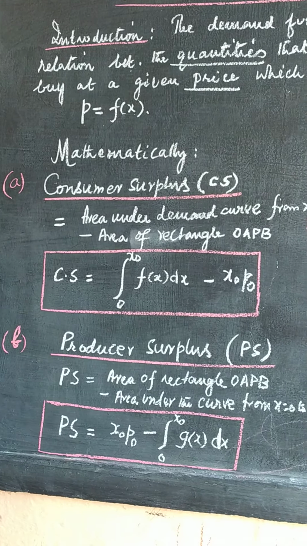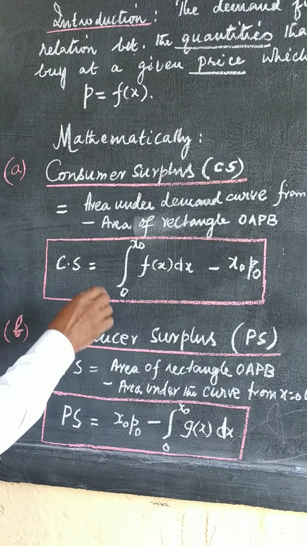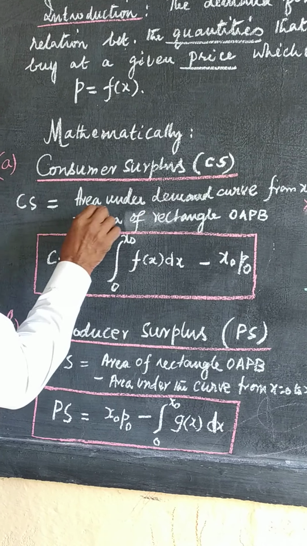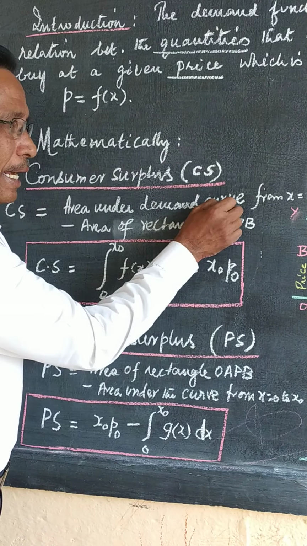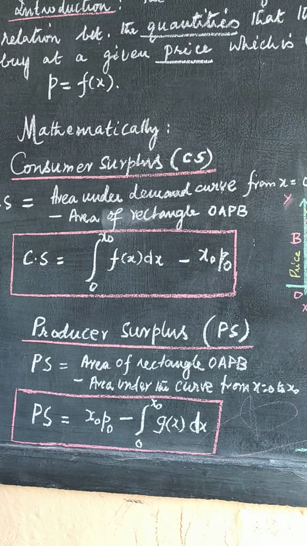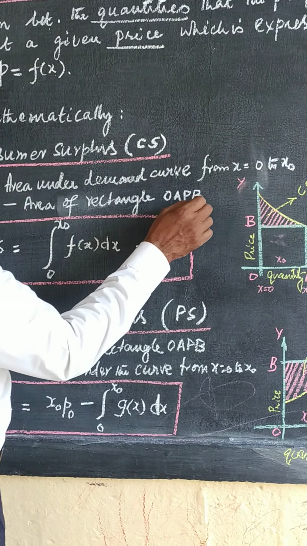Mathematically, consumer surplus CS is equal to area under demand curve from x is equal to 0 to x is equal to x naught minus area of rectangle OAPB.